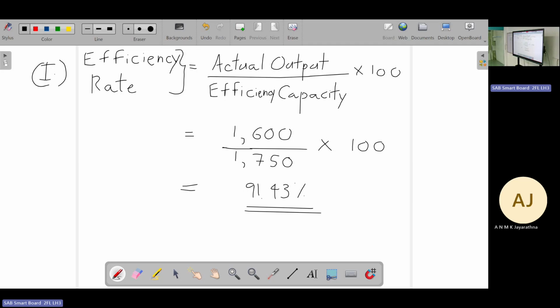More or less the same. You are to practice with this. The difference is only with the actual output.